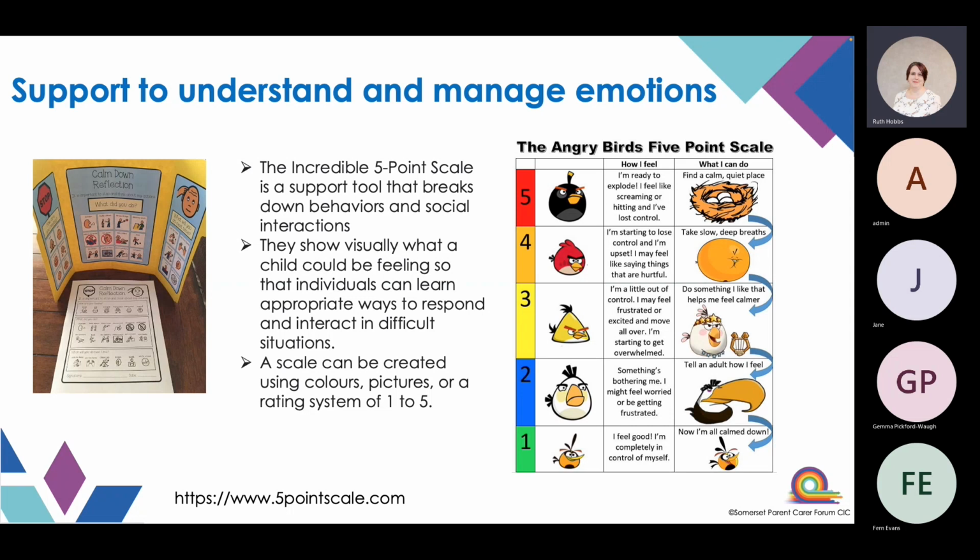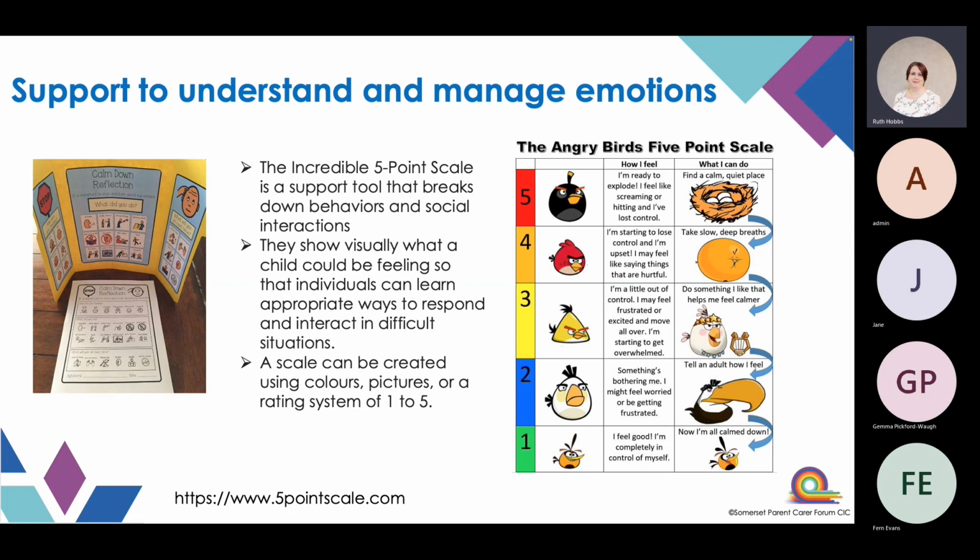So the one that I've got here is an Angry Birds one, but you can obviously use whatever takes their fancy, whether that be Pokemon or Bluey or whatever the current craze happens to be. And this is quite good because it helps them to understand how they're feeling, what that looks like, and what they can do in those situations.